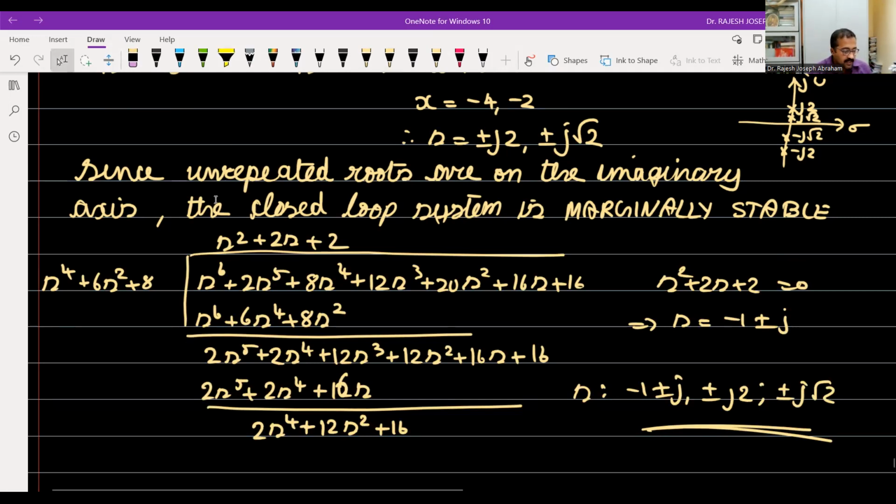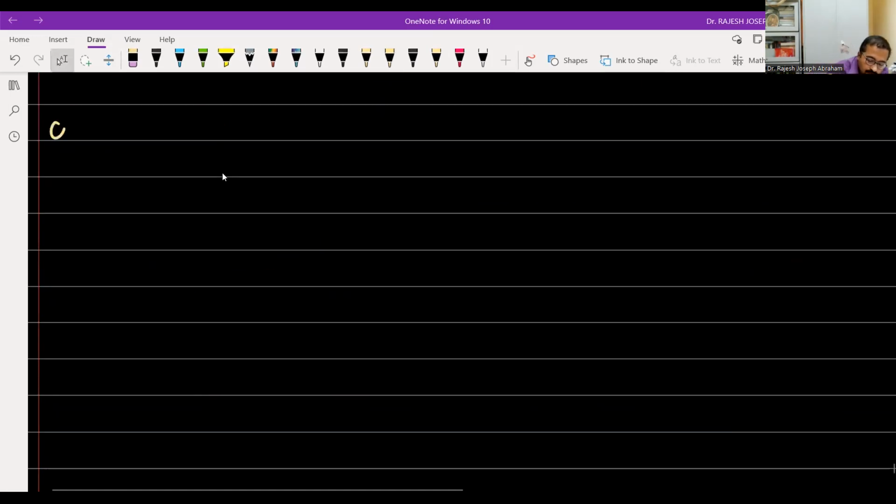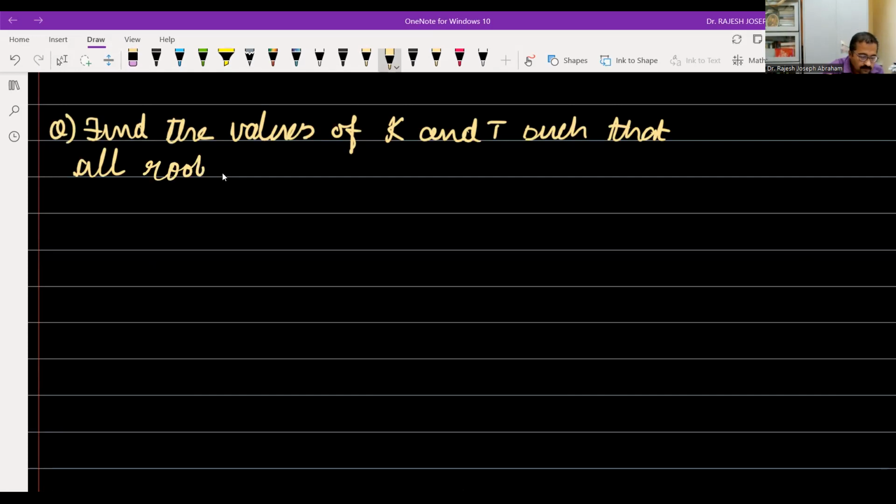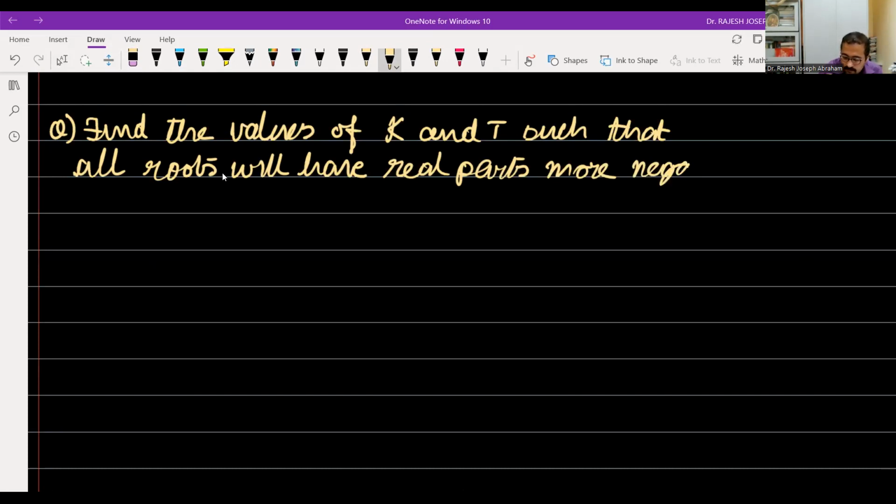Find the values of k and t such that all the roots will have real parts more negative than minus 2 for t s square plus s plus k equal to 0.